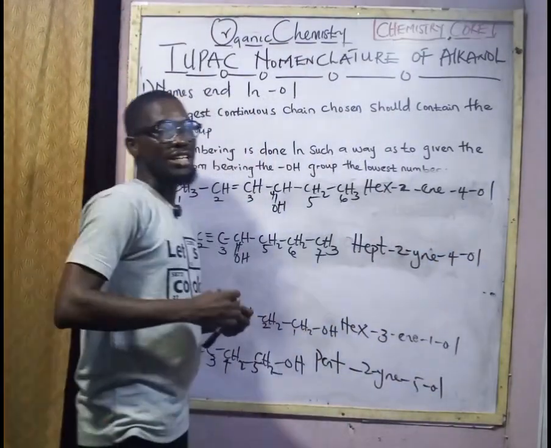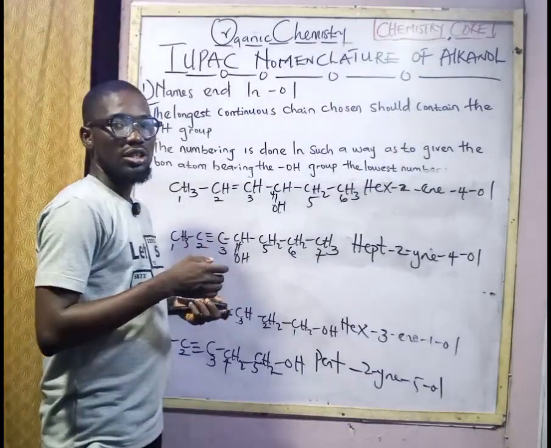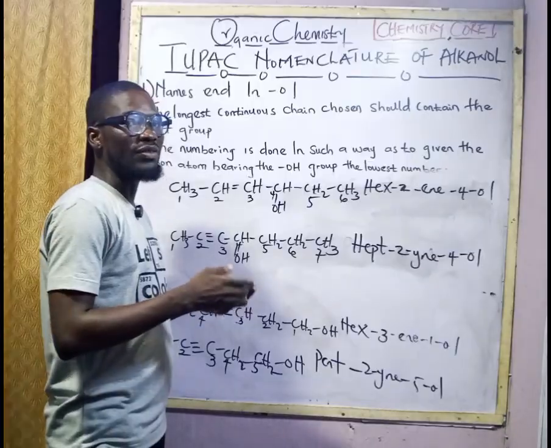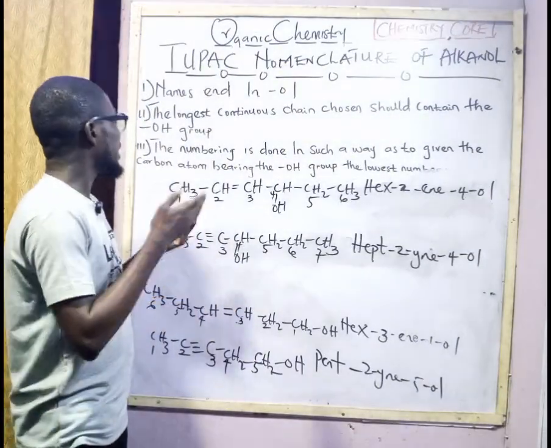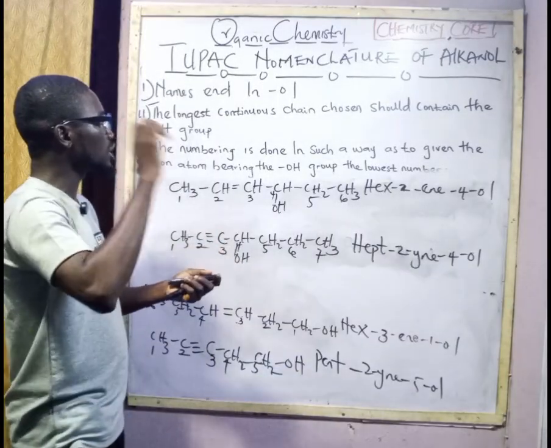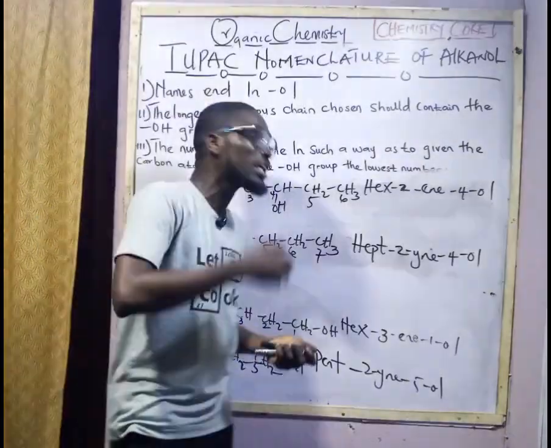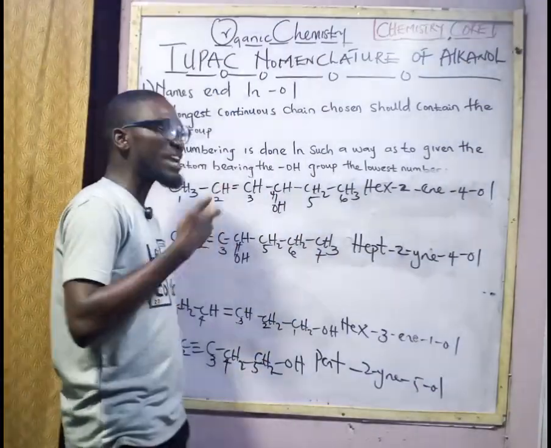4-ol. So guys, don't forget the rules that are applicable as far as IUPAC nomenclature of alkanol is concerned. Let's take a look at that. So we said names end in -ol, or the longest continuous carbon chain chosen should contain the OH group. And the numbering is done in such a way as to give the lowest number to the carbon bearing what?